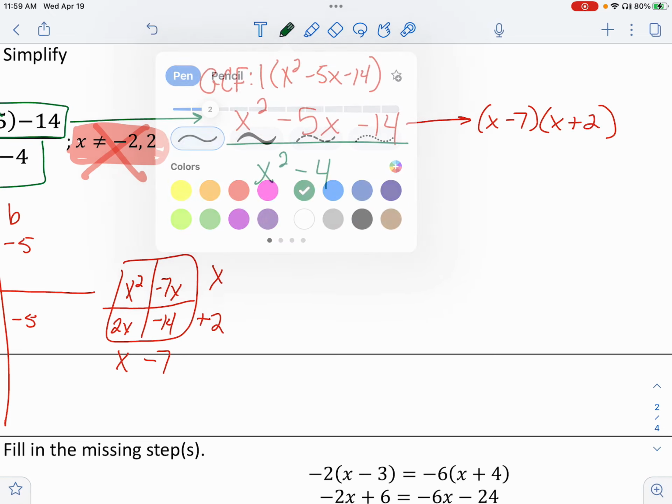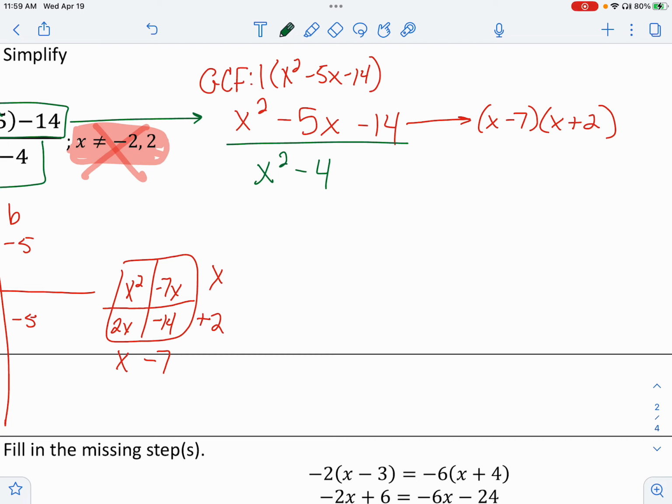Now for the denominator, I'll stay consistent with that hunter green. For the denominator, the GCF is in fact a 1 again. Now this is x squared. AC is 1 times negative 4, and B is 0 in this case. That is a hard thing for kids to remember, so I will highlight it for something to study.